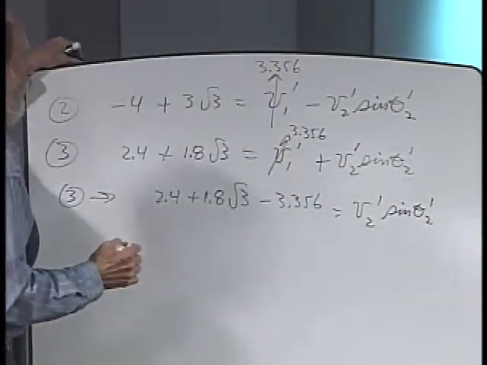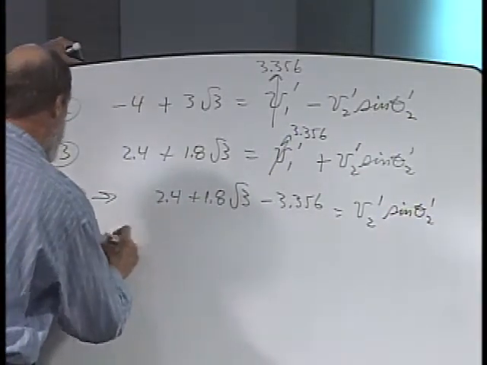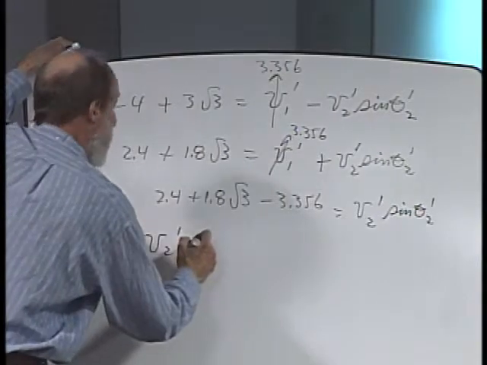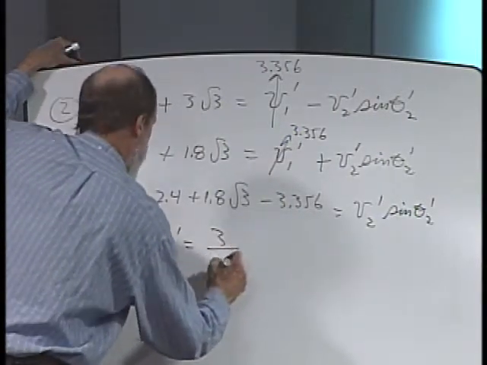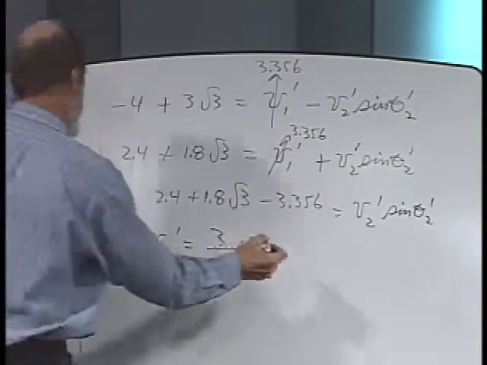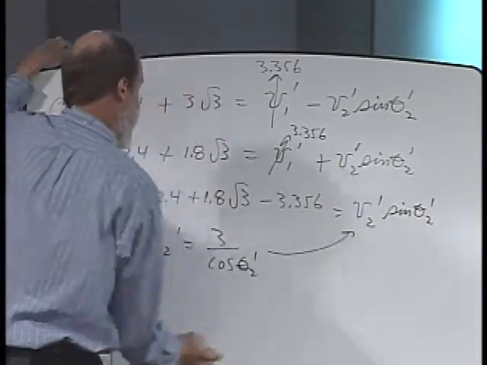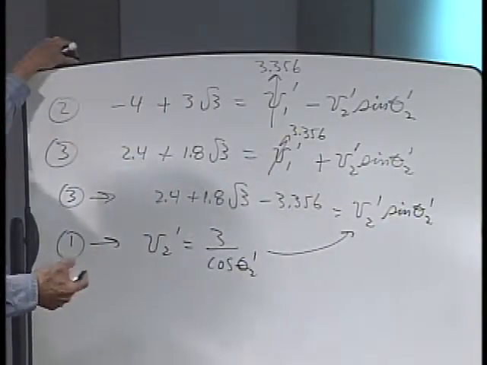It's not the most efficient way to do this, but as you just suggested, Joel, now back to equation 1, we get v2 prime here is equal to 3 over cosine of theta 2 prime. And then we're going to substitute this in for v2 prime right there, and we end up with a tangent expression.